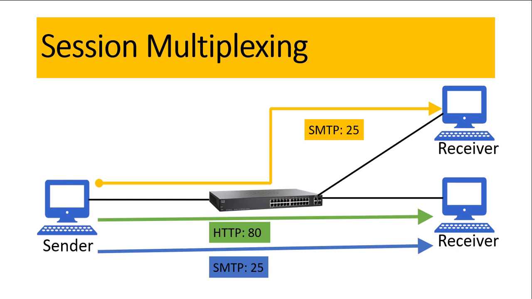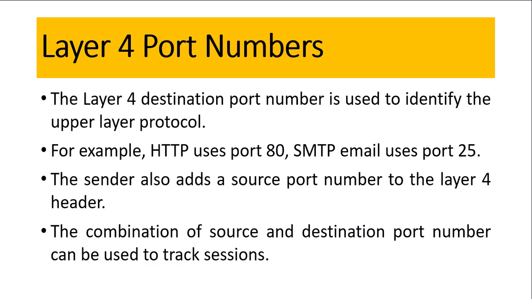So it means that to differentiate between different types of traffic, we use the port numbers at layer 4, the transport layer. The HTTP traffic, which is web traffic, uses the port 80. The SMTP, which is Simple Mail Transfer Protocol, uses the port 25. So these are different port numbers to differentiate between different types of traffic.